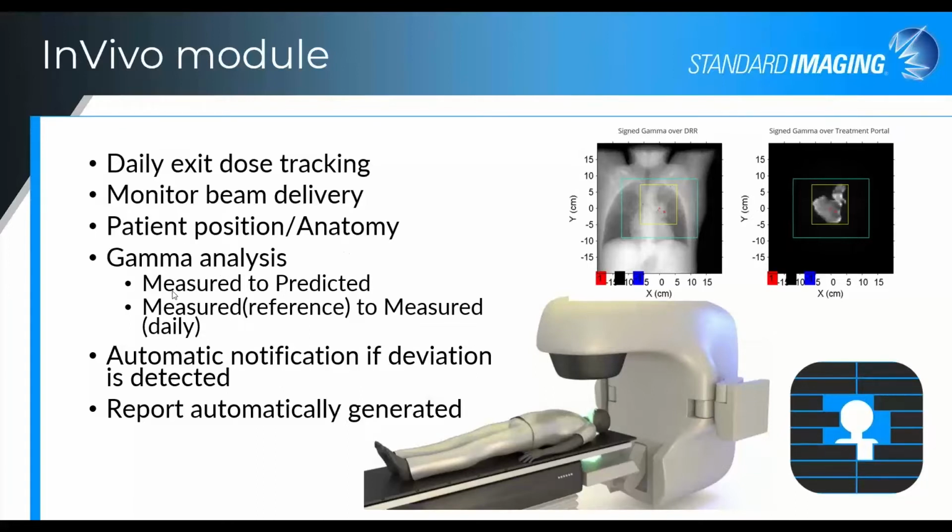The gamma analysis allows for measured to predicted comparisons as well as measured to measured comparisons, but most of our users prefer the measured to predicted comparison. Also, automatic notification is sent to the dashboard that I'll be showing later, or you can set up email notification as well. And reports are automatically generated based on the customizable settings in the software.